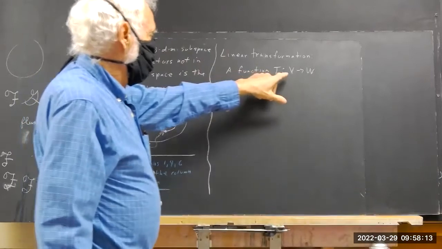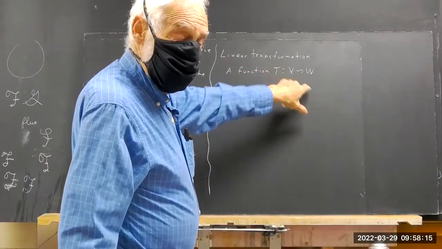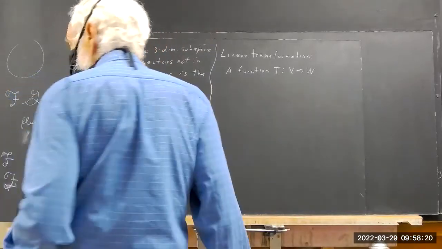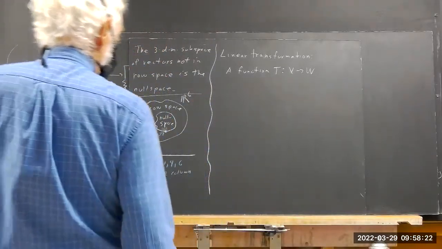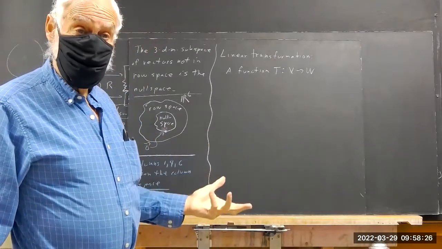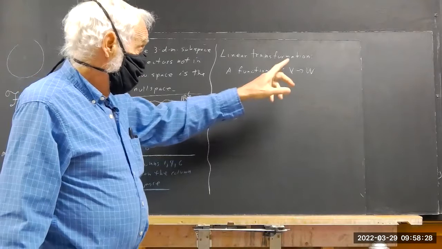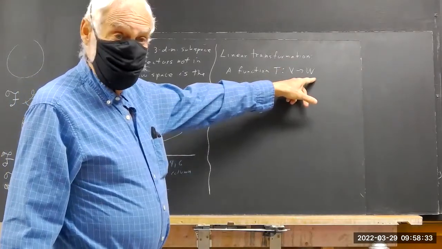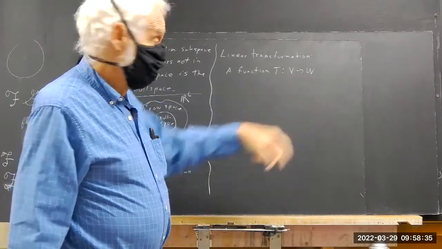Let's say it's a function T from V to W, where V and W are vector spaces. Now, the matrix that we saw earlier would be a perfectly good function from 6-dimensional space to 4-dimensional space. Okay.